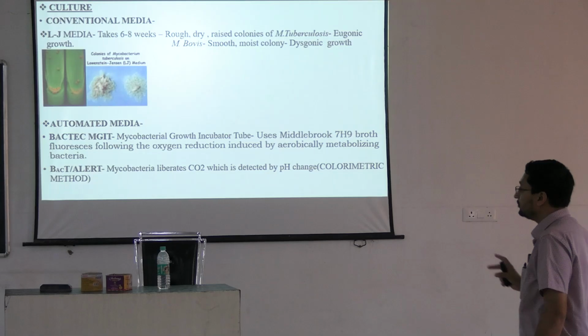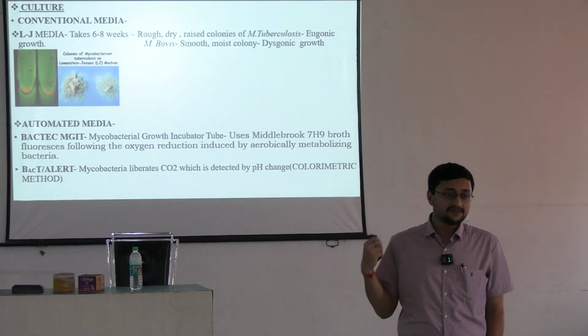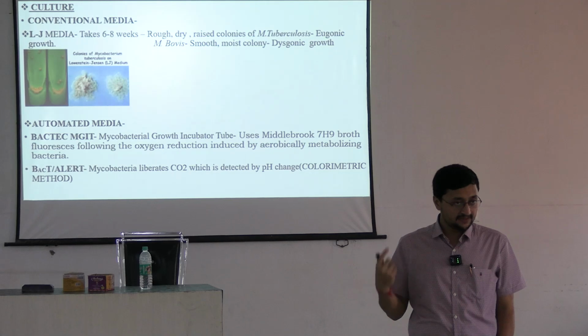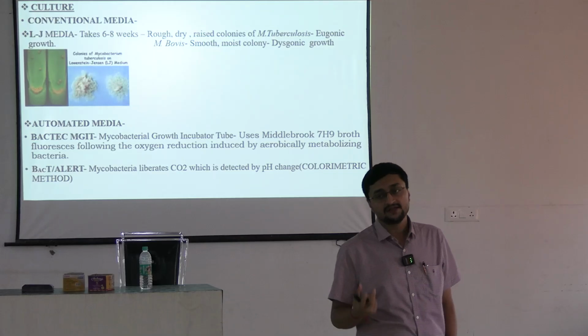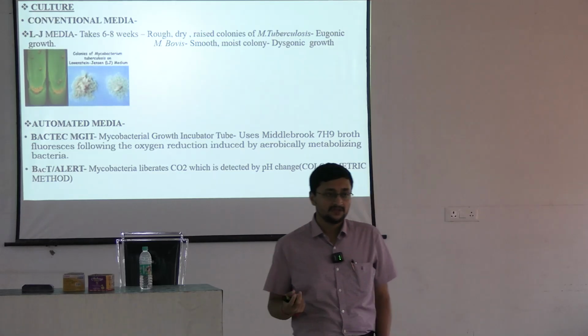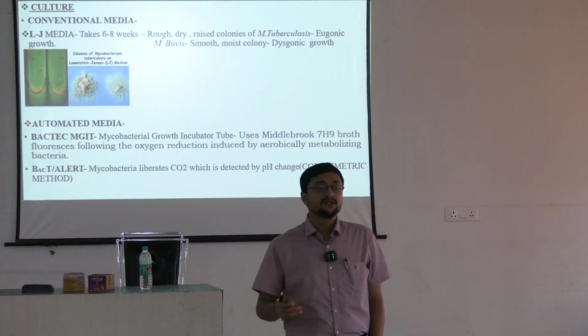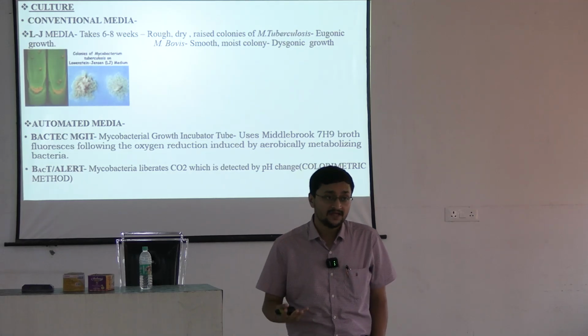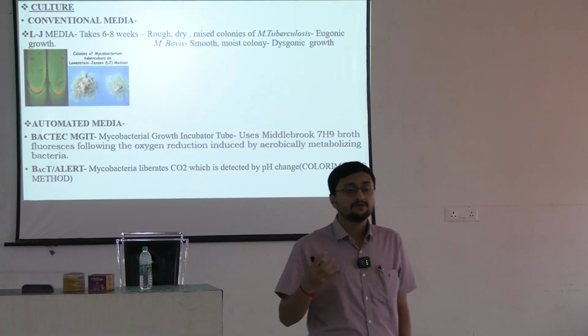And there are two automated media, but the most common one is BACTEC MGIT, which I mentioned earlier, and the recent one is BacT/Alert. BACTEC MGIT uses reduction of oxygen as a marker, whereas BacT/Alert uses production of carbon dioxide as a marker. Both of these media use fluorescent dye.